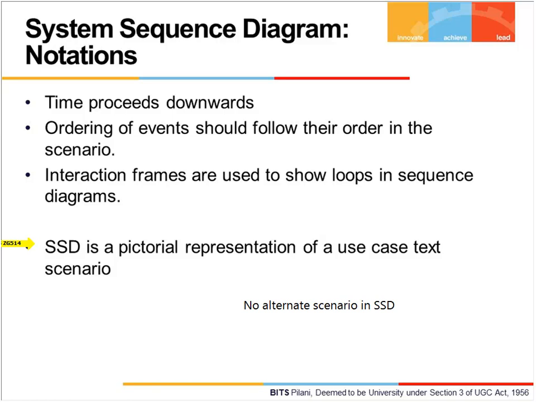In later iterations of the elaboration phase, when we have our domain model also ready and we know what are the analysis classes, then the idea is to refine the system into its analysis classes and decompose the system sequence diagram to draw the sequence diagram. So they are not replaceable by each other.